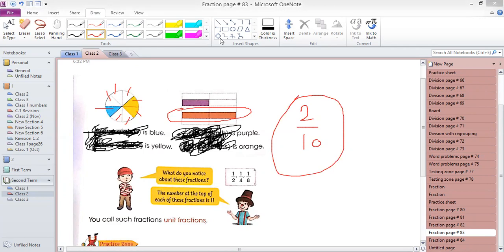Two tenths, sorry. Repeat again. Hamza Al Sayyed, how will you read this fraction?